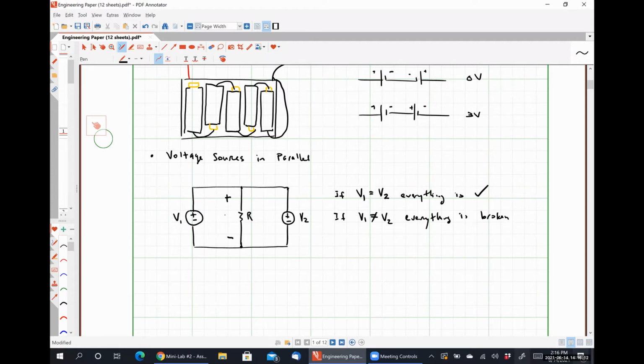Let's say that I'm trying to find the voltage drop over this resistor. Well, I'm going to call it VR, okay? If V1 is 5 volts and V2 is 4 volts, what does Kirchhoff's voltage law tell me the voltage drop over it is?